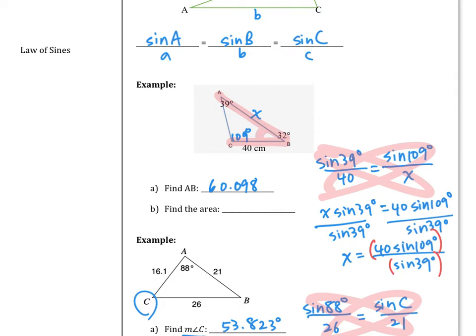We can just say this is 1/2 times 40 times, in this case, X is 60.098, times sine 32 degrees. Using the calculator, this is 636.939. So very simple. You just need to remember you have to have two sides and the angle in between.